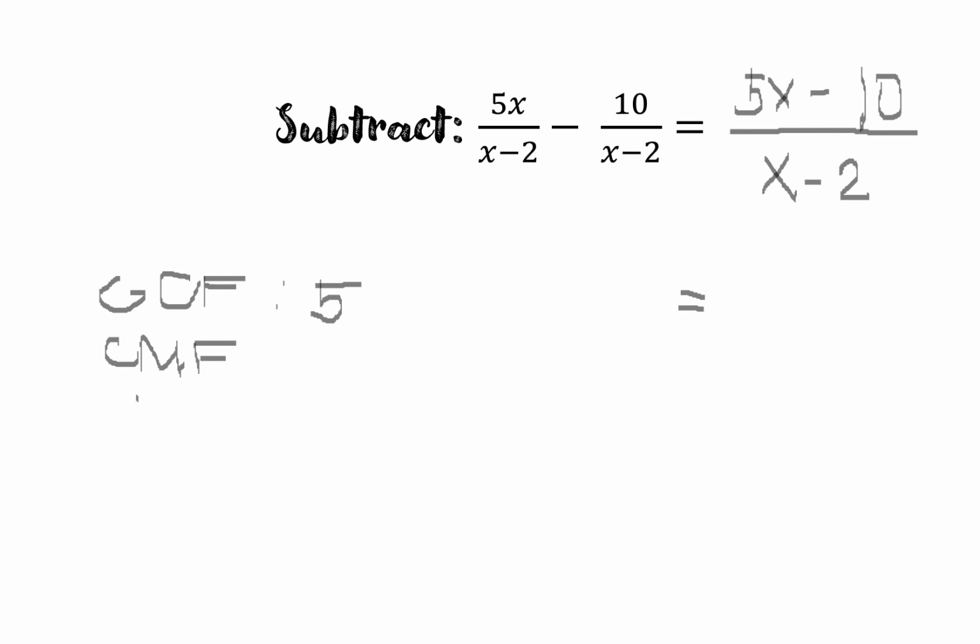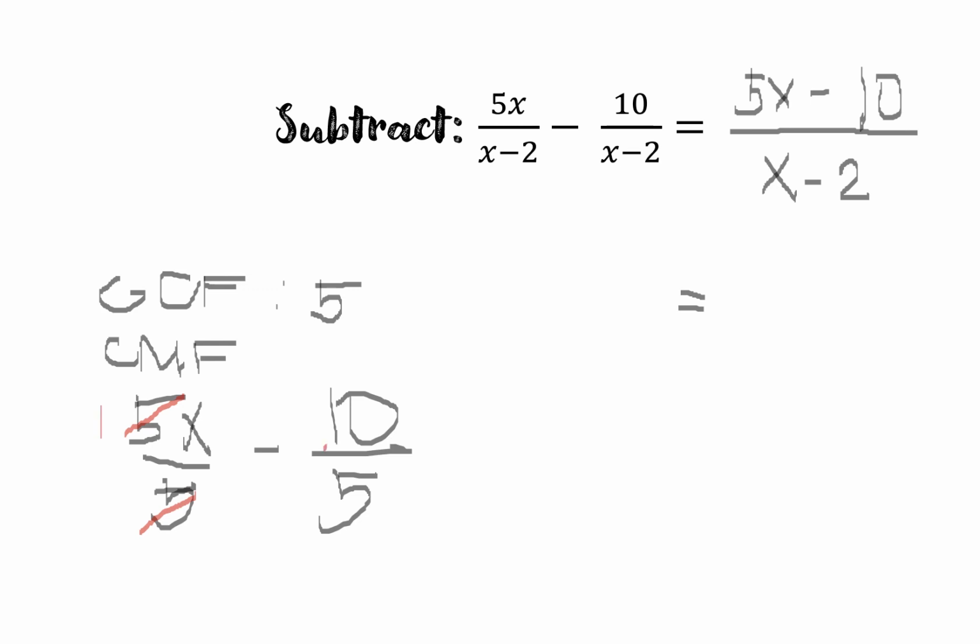Okay, so we will divide every term, yung 5x saka 10 by 5 by the GCF. Okay, so 5x divided by 5, so cancel na to because 5 divided by 5 is 1. And then 10 divided by 5, the answer is 2. So therefore here, that will be x minus 2.